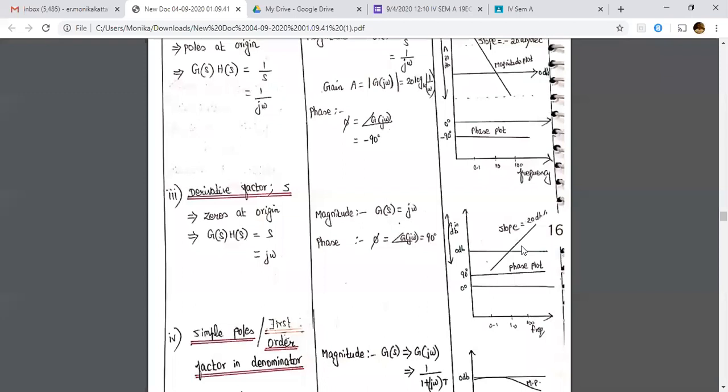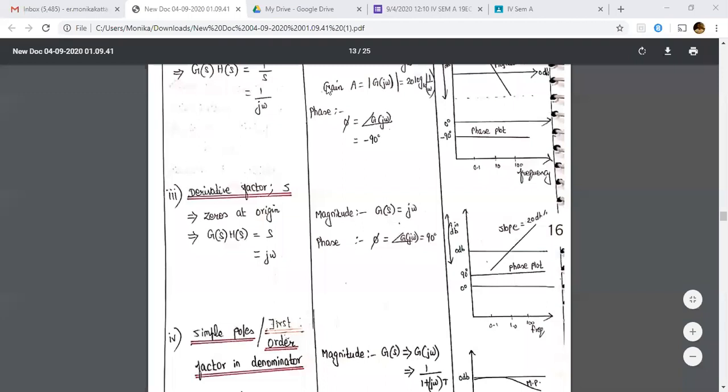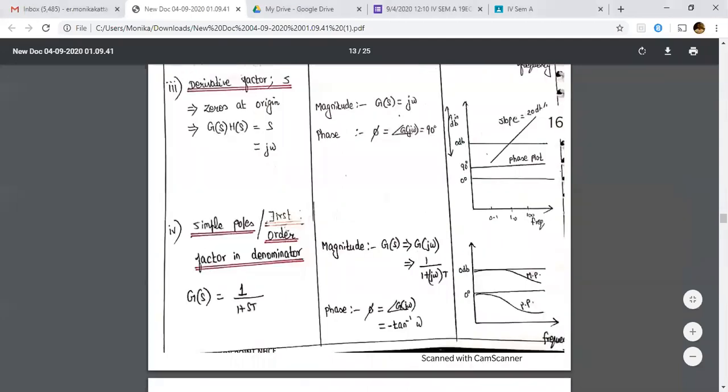Or whichever way you want, you can remember. It should strike immediately. You should not take much time to recall. Once again, zeros are at the numerator, so the slope is plus 20 dB per decade. Poles are at the denominator, slope is minus 20 dB per decade. Now, immediately you should tell me next time. Okay? So you know that.